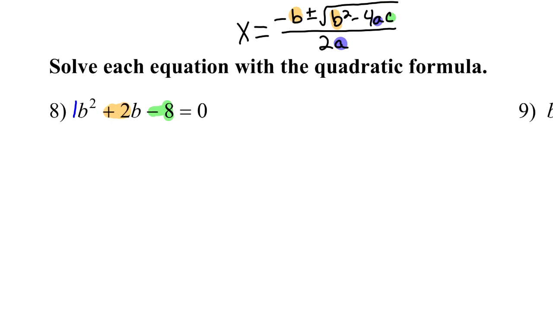So in this situation, we have x equals negative b plus or minus the square root of b squared minus 4ac, and I often do have to extend that square root.